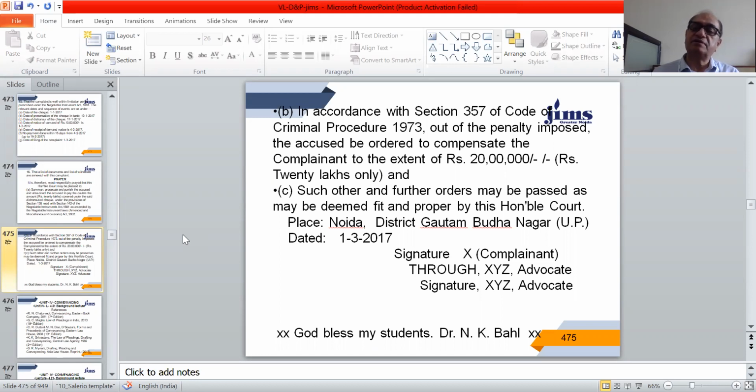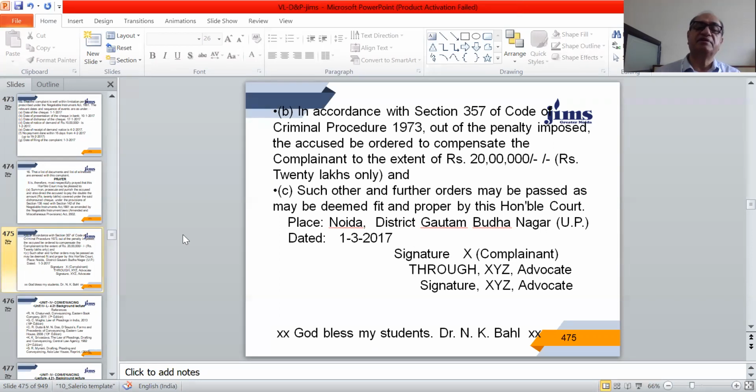So here the prayer of the complainant is that a fine of 20 lakh rupees should be imposed on the accused, and out of that fine, the sum of 20 lakh rupees may be ordered to be paid to the complainant as compensation.